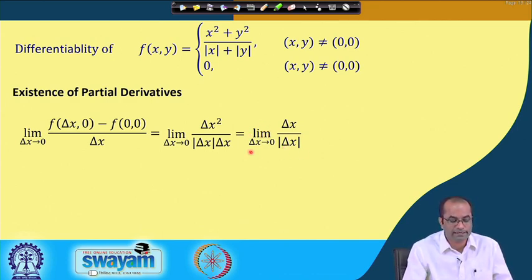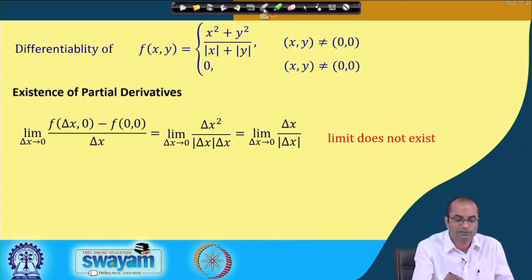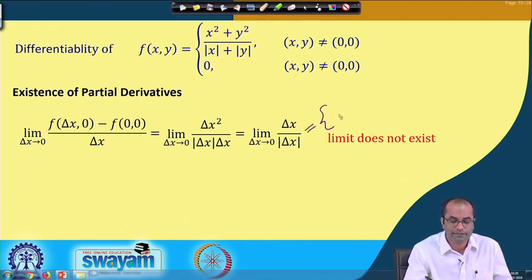So, if this Δx goes to 0 from the right side, then this will be 1, and when it goes to 0 from the left side, then this value will become −1. So, hence this limit does not exist, because we have here either +1 or −1 as the limit when Δx approaches 0 from the positive side or from the negative side.